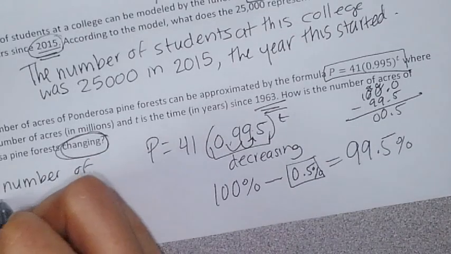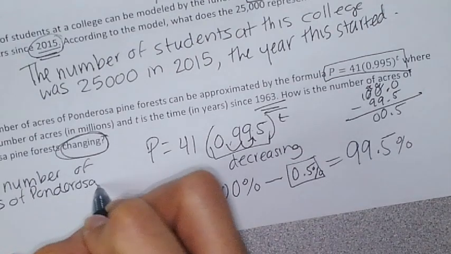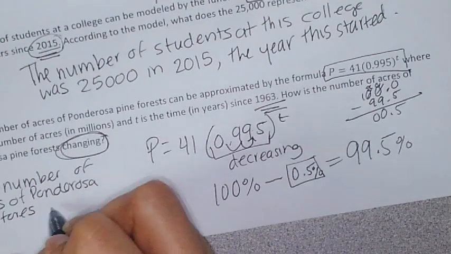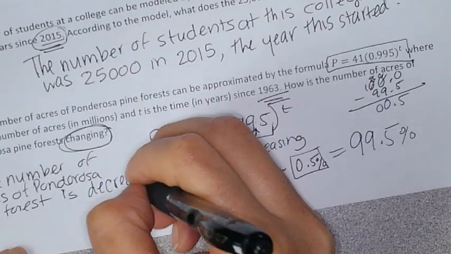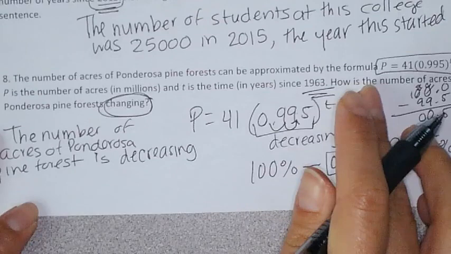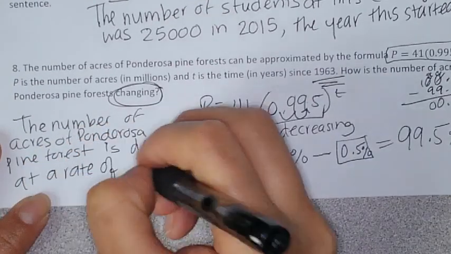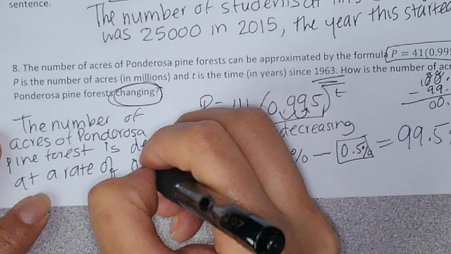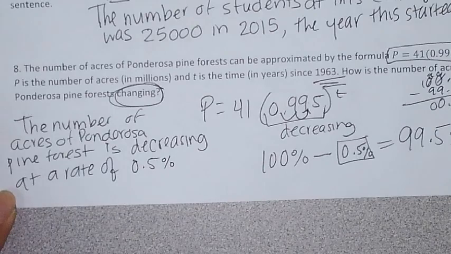So the number of acres of forests is decreasing at a rate of 0.5%. Alright, and that will be the end of the review.